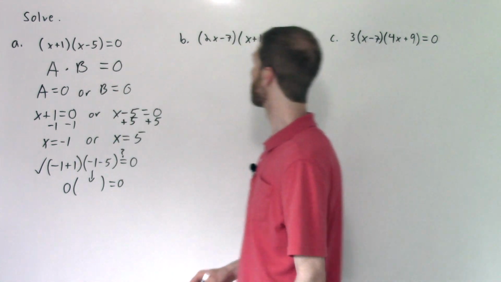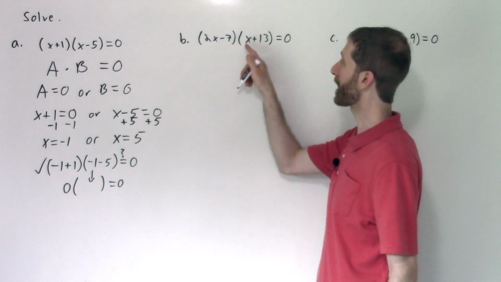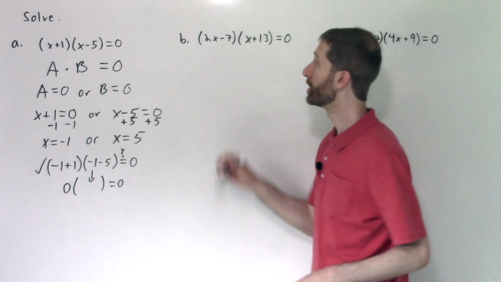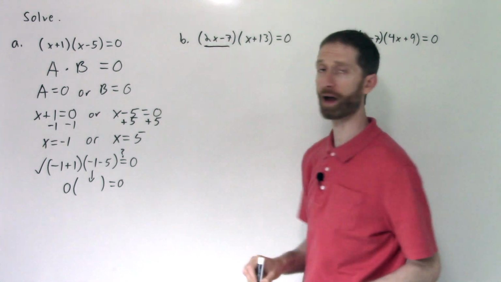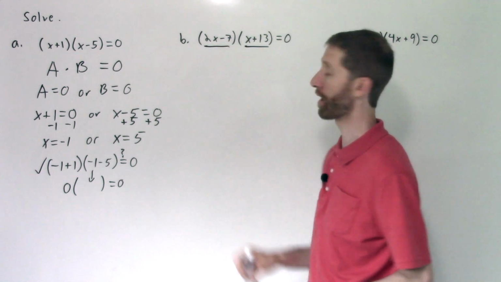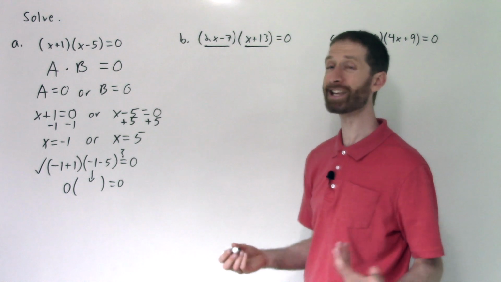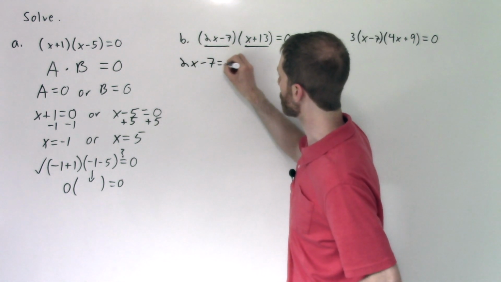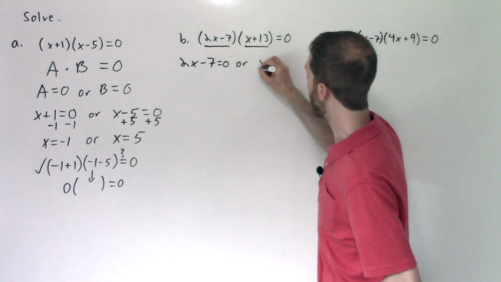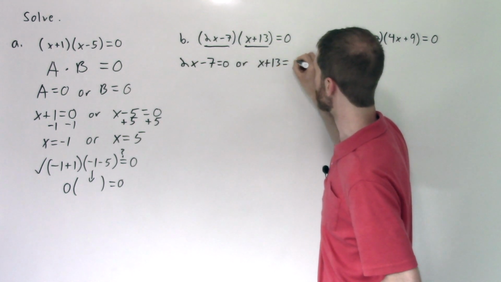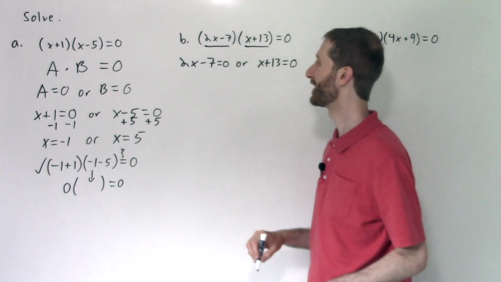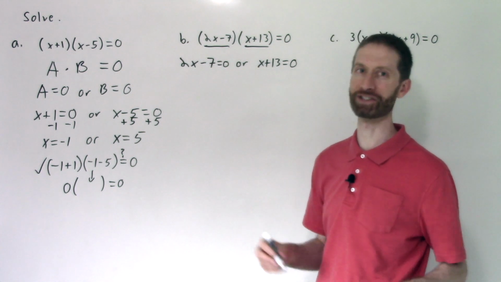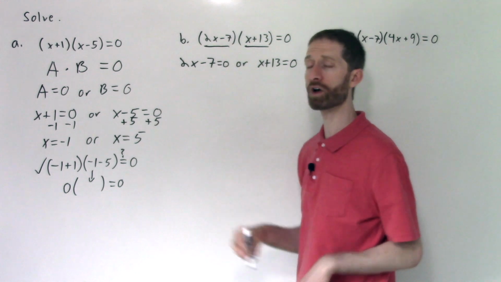Let's keep rolling. So we have (2x - 7)(x + 13) = 0. So either this part of the product equals 0 or that part of the product equals 0. So we should set each part equal to 0. 2x minus 7 equals 0 or x plus 13 equals 0. Sweet. I love this. I've been teaching it for years and I still love it. So now all we do is solve these simple equations.